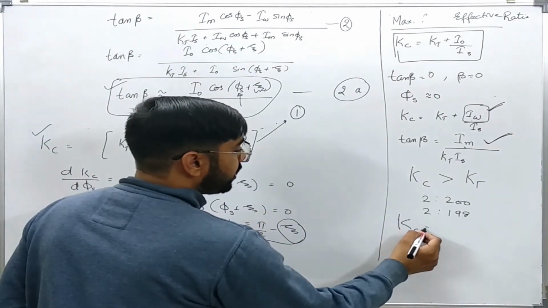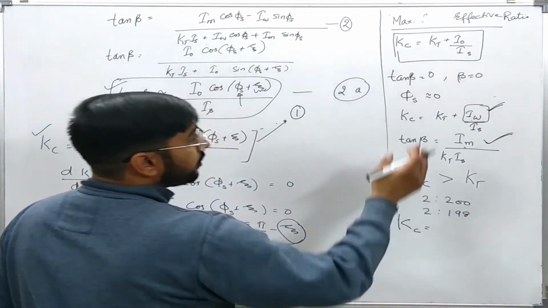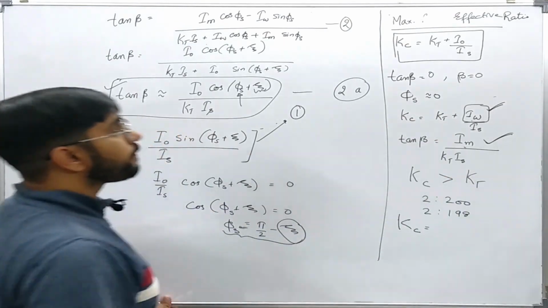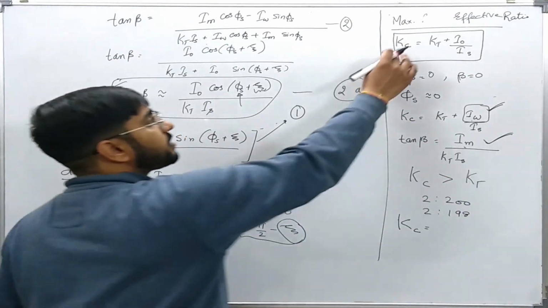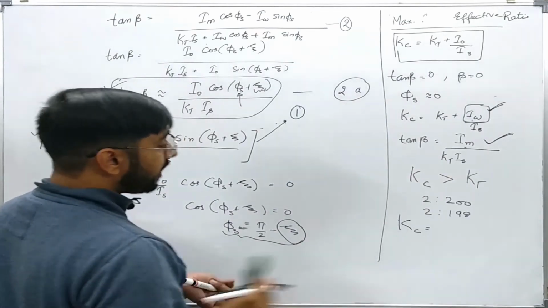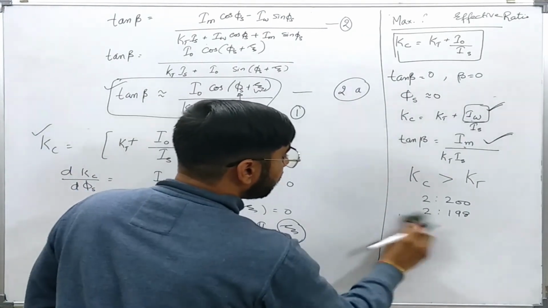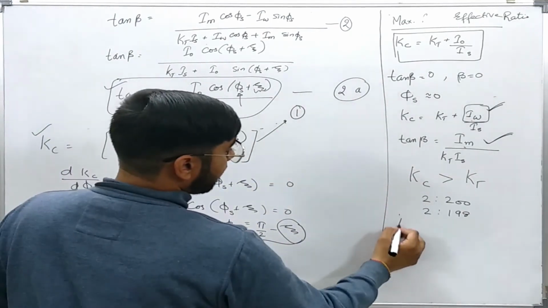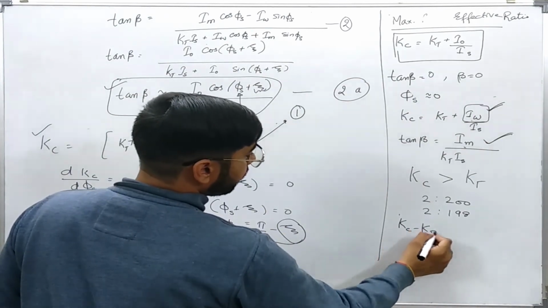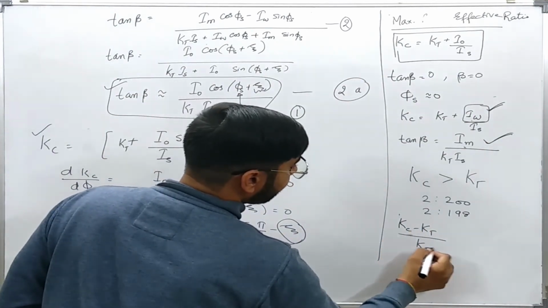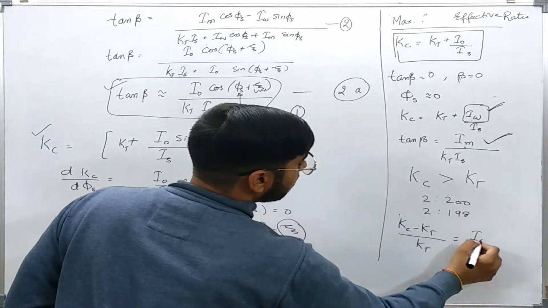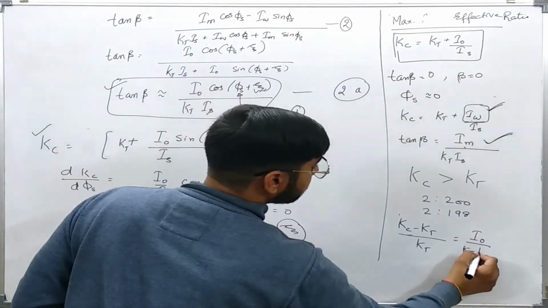This Kc was greater than Kt. The error part, Kc minus Kt over Kt, is equal to I naught over Kt Is.